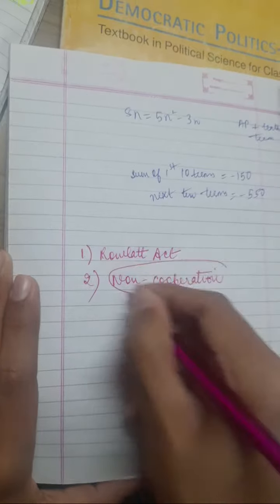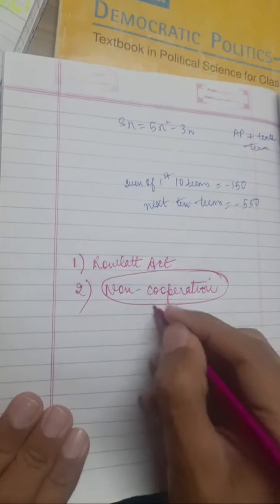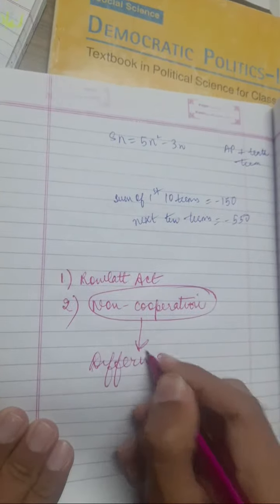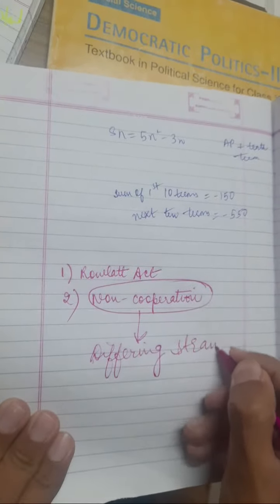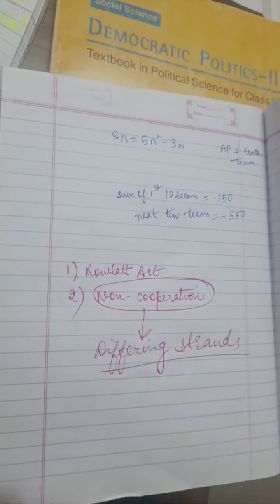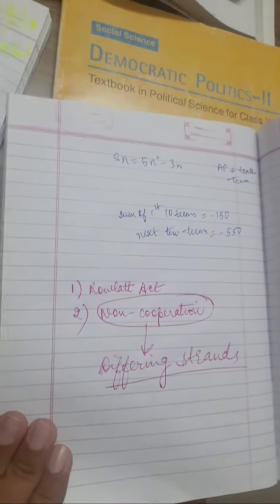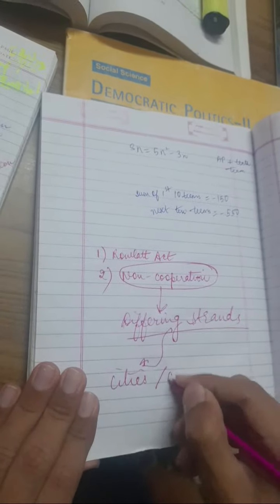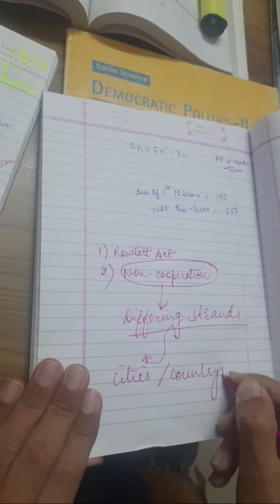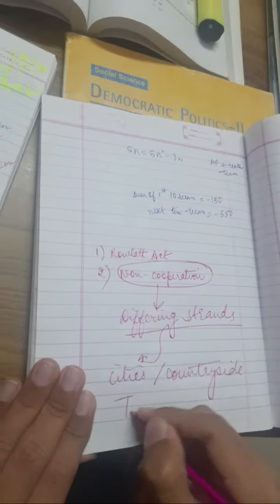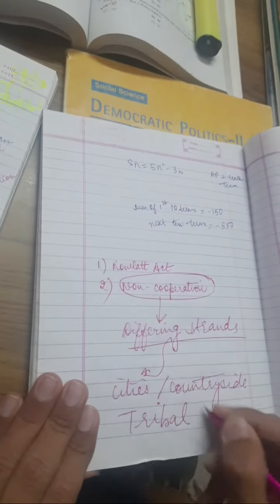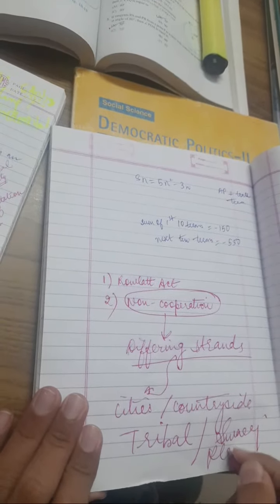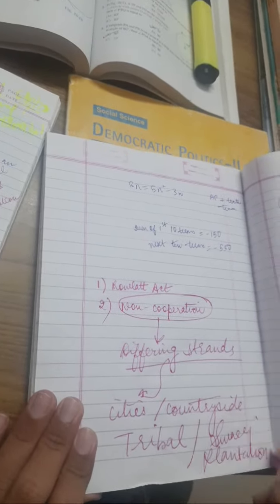In the non-cooperation movement, you have a lot of questions, that is the differing strands. Differing strands meaning how did the non-cooperation movement spread? If I'm talking about the cities, the countryside, the tribal movements, Swaraj and the plantation workers, how did the movement spread?